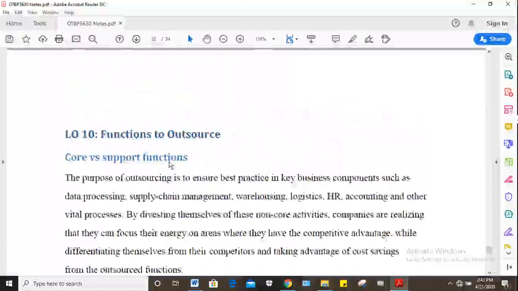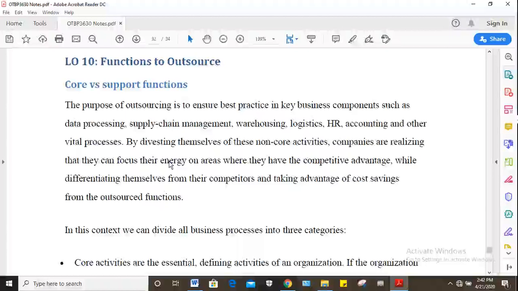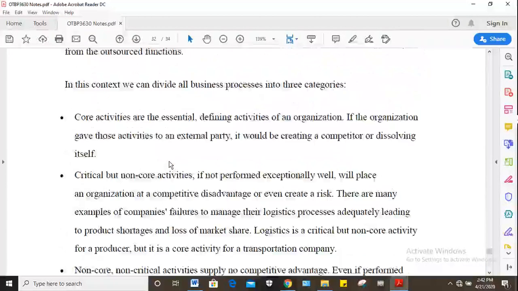This includes things like warehousing, logistics, HR, accounting, maybe IT and all those things. So each business has got what are called core functions and non-core functions. This varies from business to business, and you need to be able to identify what this is for each business, because it determines which ones to outsource if they want to outsource.